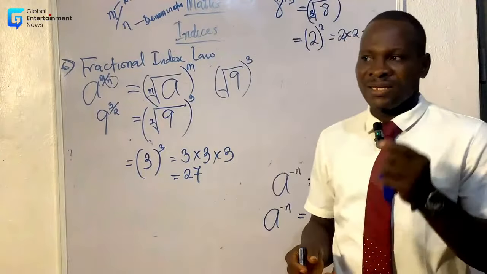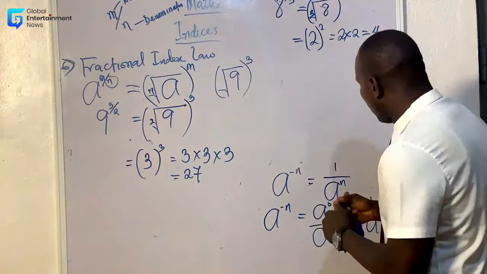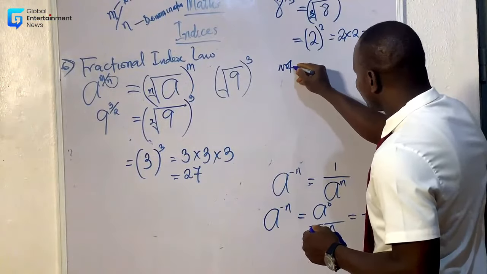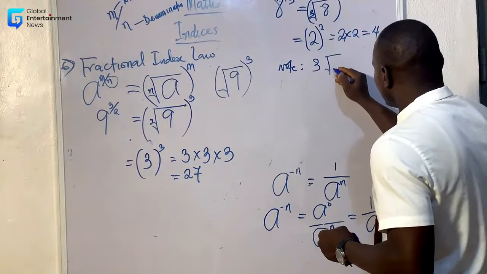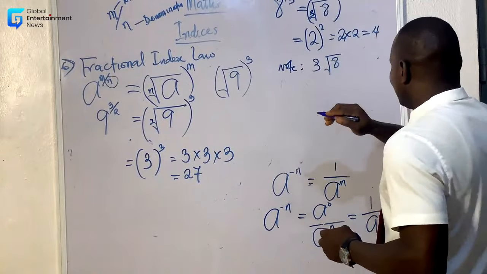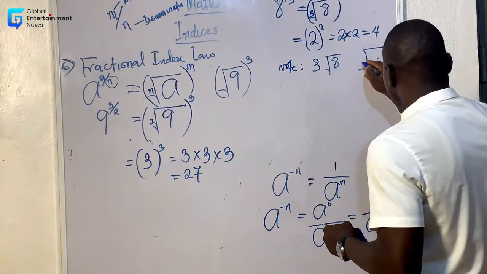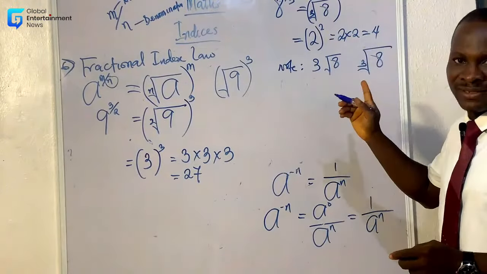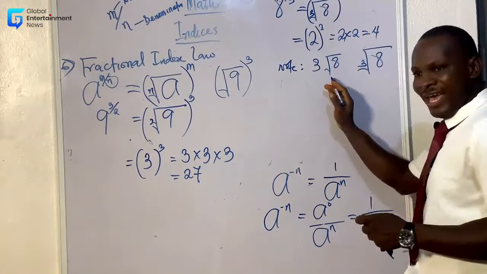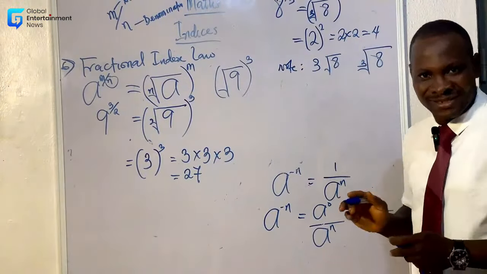Now, in another form, I want you to note that 3 root 8 is different from the third root of 8. Take note of this, please. 3 root 8 is different from the third root of 8.